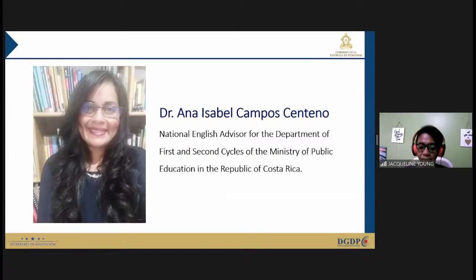She coordinated the reform of the new English curriculum the country is implementing. Ana Isabel Campos received her doctoral degree in Latin America Studies from the National University of Costa Rica. She also holds a master's degree in the teaching of English as a second language from the University of Kansas, USA, and a BA in the teaching of English as a foreign language from the University of Costa Rica.